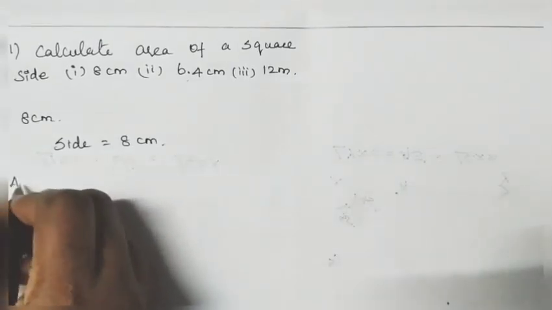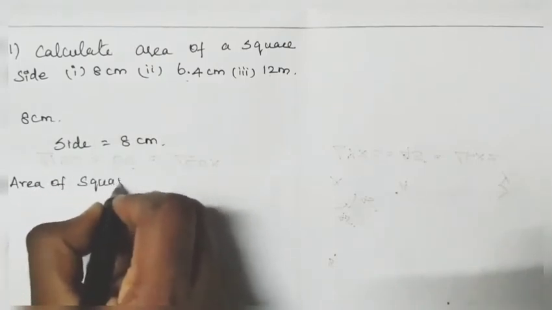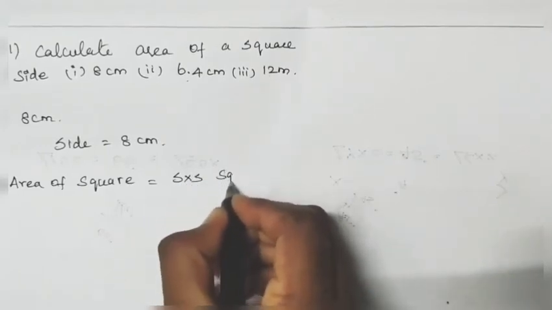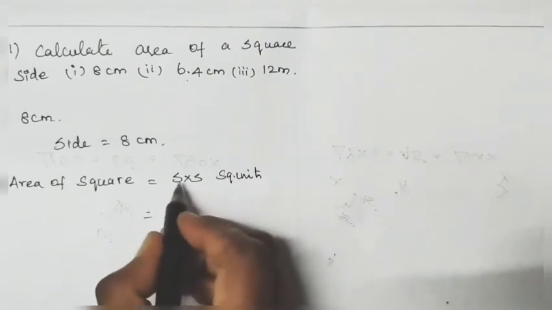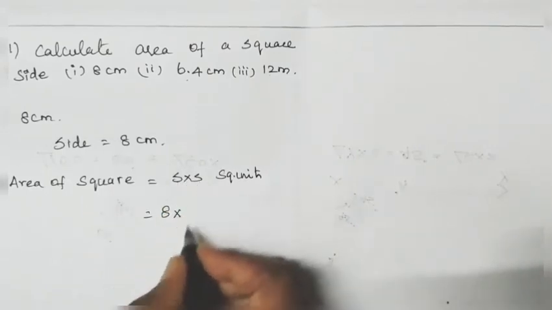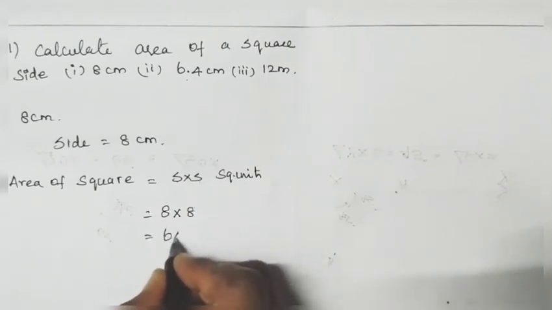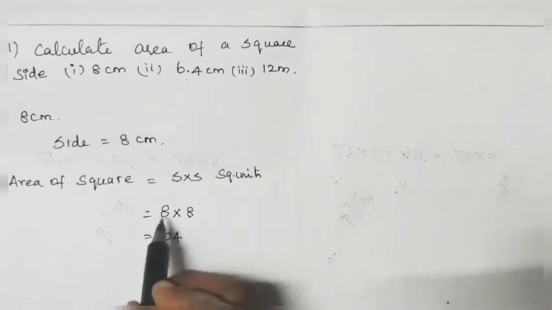We know the formula to calculate the area of a square. What is the formula for the area of a square? Side into side square units or A into A square units. Side is 8, so 8 into 8. 8 8s are 64, not 16.